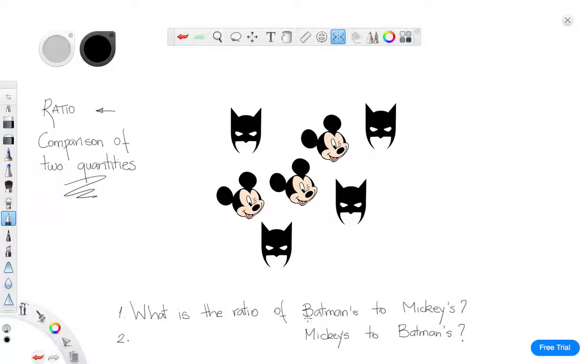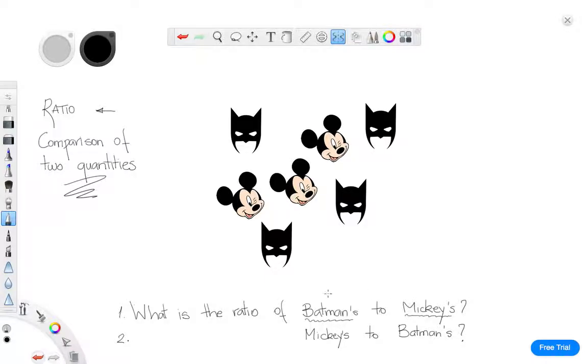Now, in order to establish the ratio, the first quantity, in this case in question number 1, the number of Batmans, is going to go in the numerator. And the number of Mickeys, which is the second quantity that we are being asked to compare, is going to go into the denominator. So based on that, let's see what the ratio is.